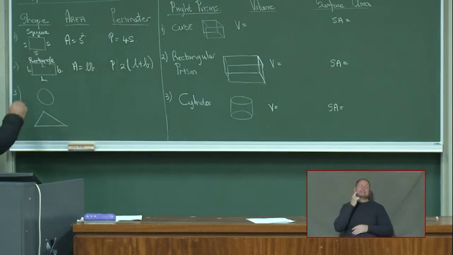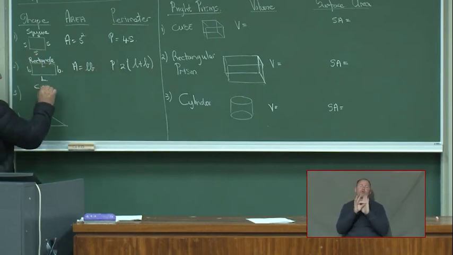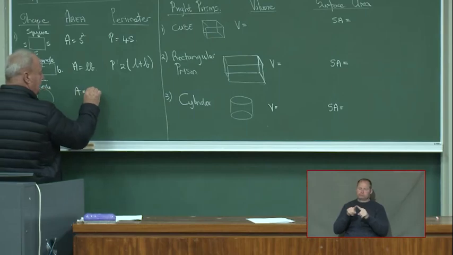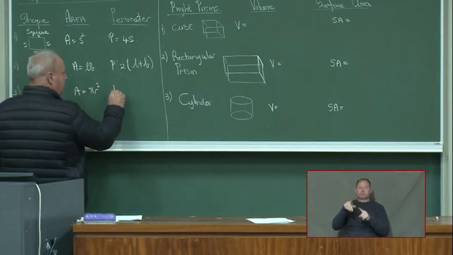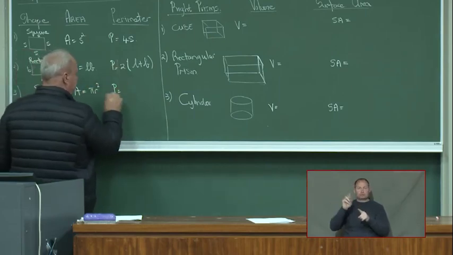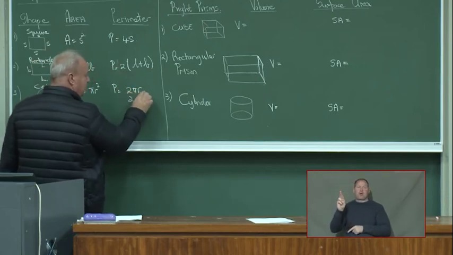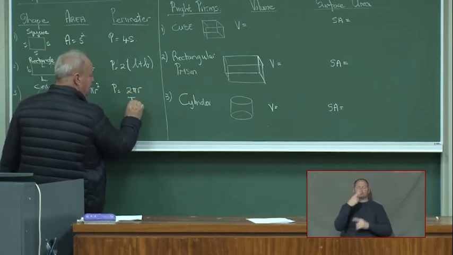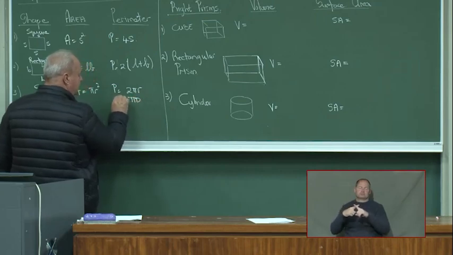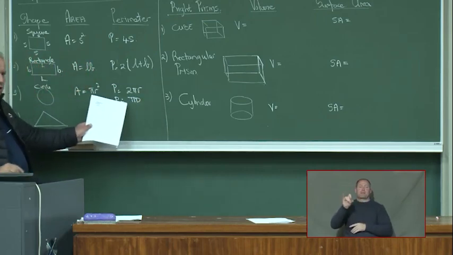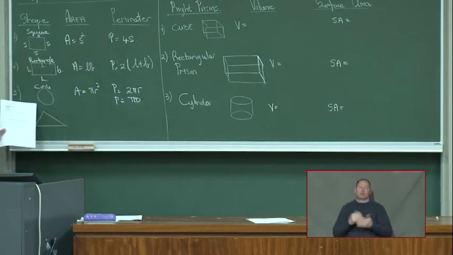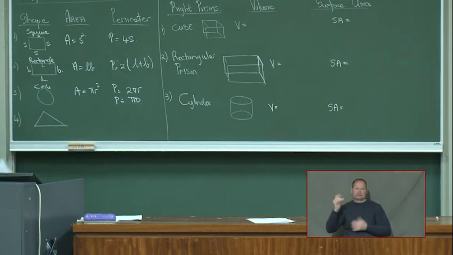This here is a circle. The area of a circle is pi radius squared. The perimeter of the circle is 2 pi r, and twice the radius is the diameter, so another formula for it is pi d. 2 pi r or pi d is the perimeter of a circle.